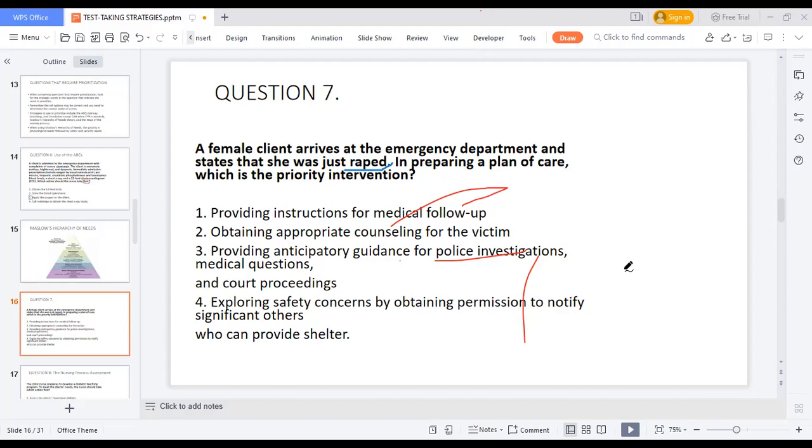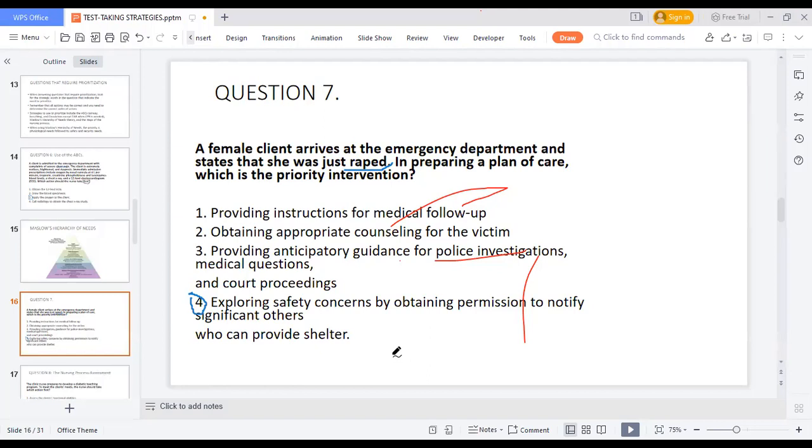Following Maslow's hierarchy of needs, we're not able to identify any physiological needs in the options. We move to the next step. The next step is safety and security. So option 4 is asking us to take action to safeguard this client.